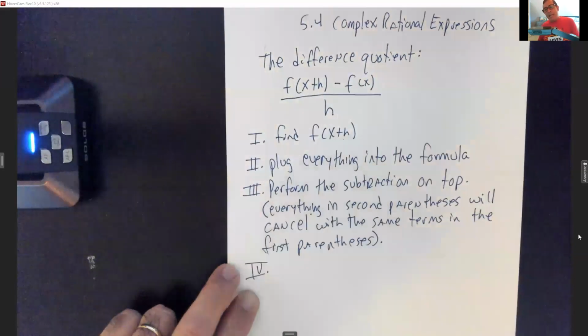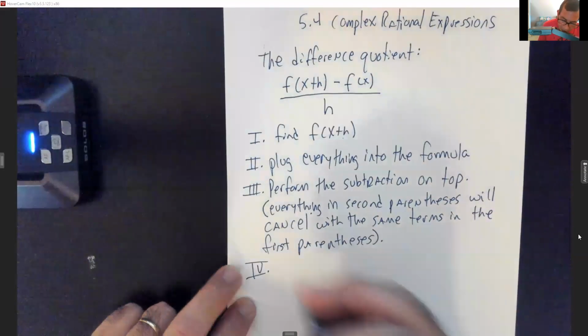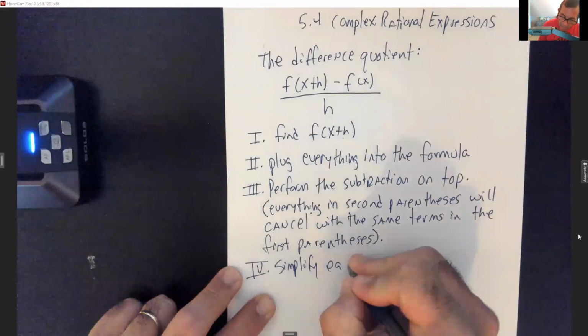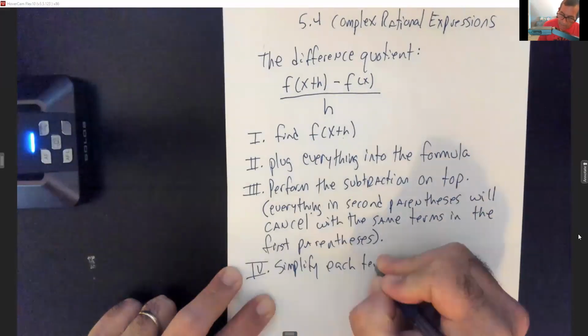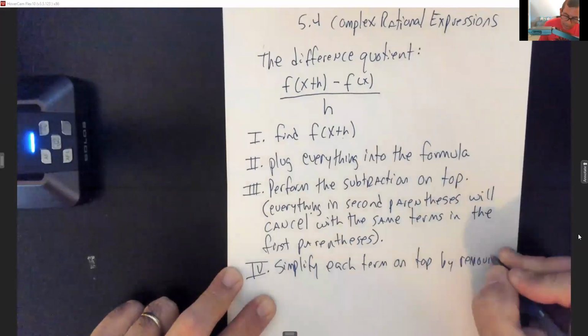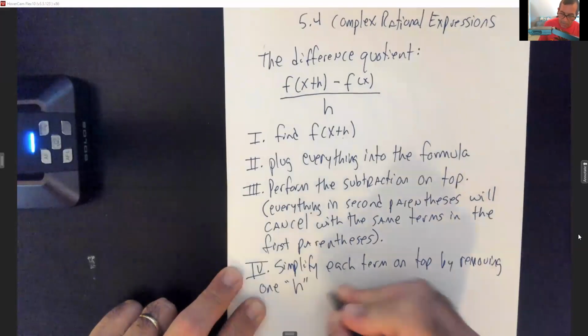And then the last step is to simplify each term on top by removing one h from all terms.